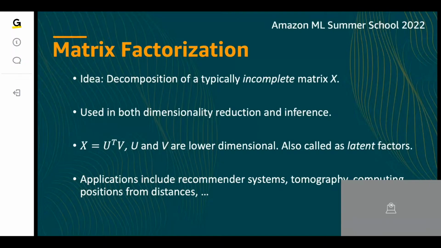Now the user's movie matrix is never complete, right? In case someone has not watched the latest Doctor Strange movie, the Multiverse of Madness, that's incomplete information that you have. You cannot assume whether they would have liked it or not. It's just pure missing information, right?